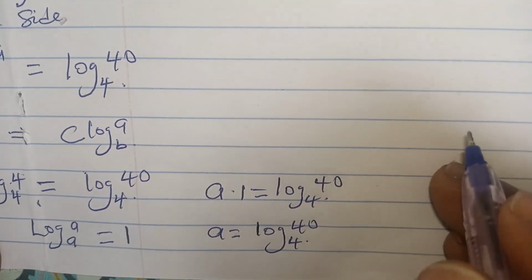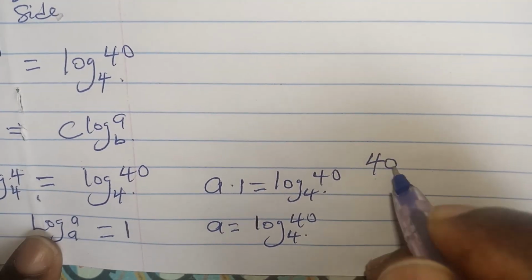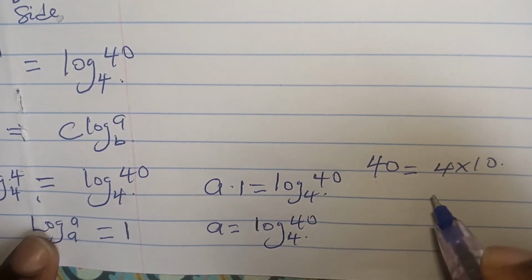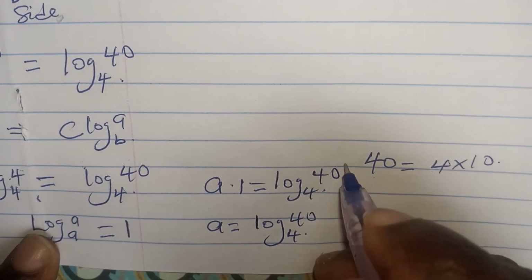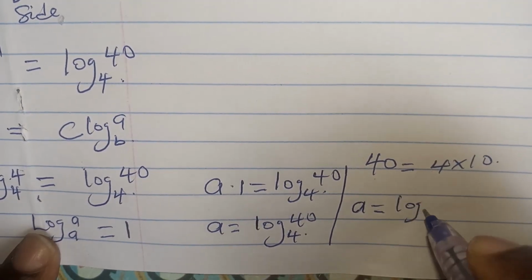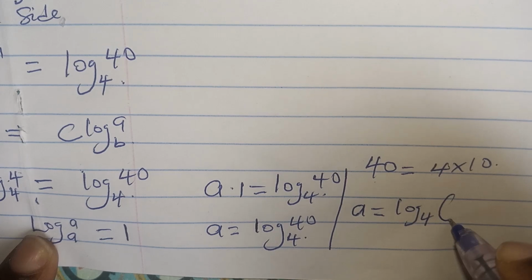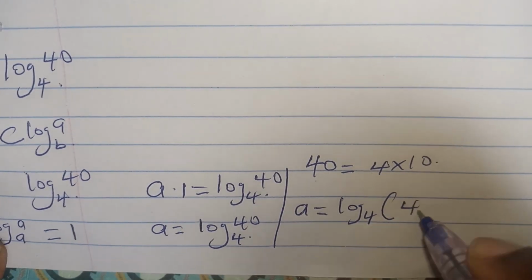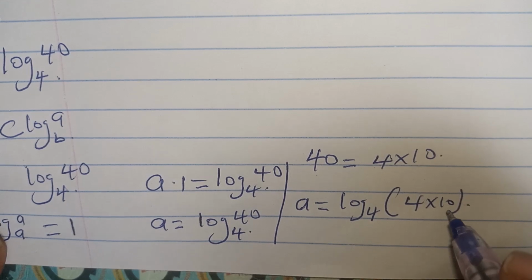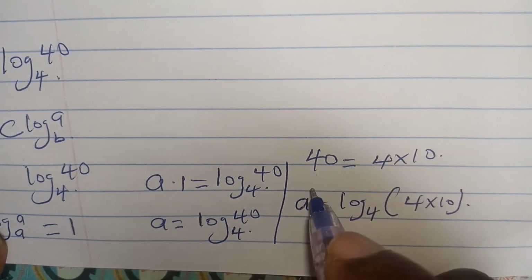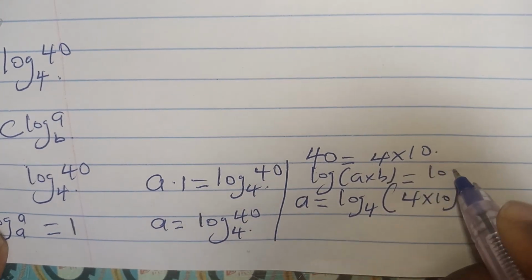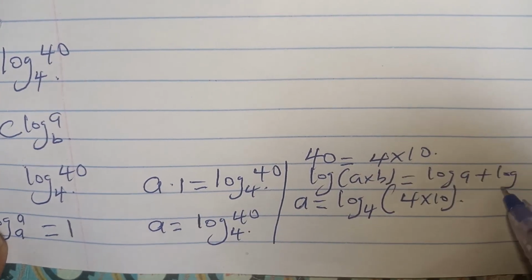By solving this again, 40 is equal to 4 times 10. So if we put this principle here, we have a equals log to base 4 of, open bracket, 4 times 10. We are going to apply the product rule of logarithms, which is log of a times b is equal to log a plus log b.